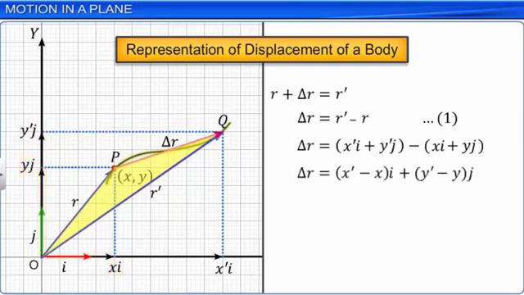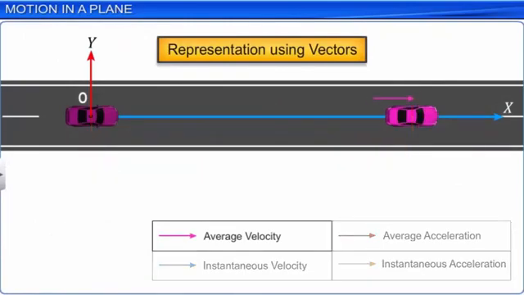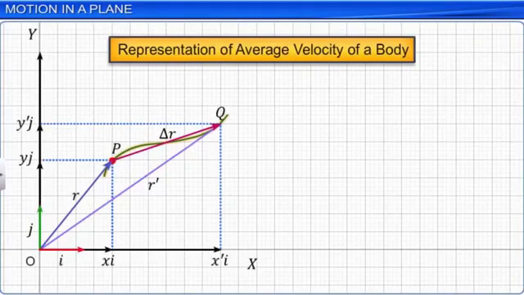Now let us see how we can represent average velocity of a body using vectors. Consider the same body to move along a curve in the xy plane. In this case, the average velocity of the body is the ratio of displacement and the corresponding time interval. Here, displacement is delta r and the time interval is delta t.